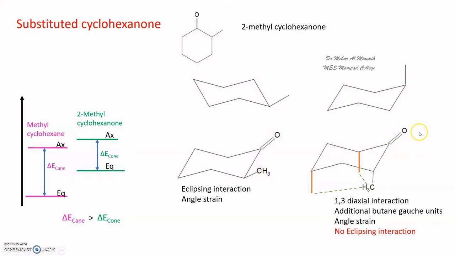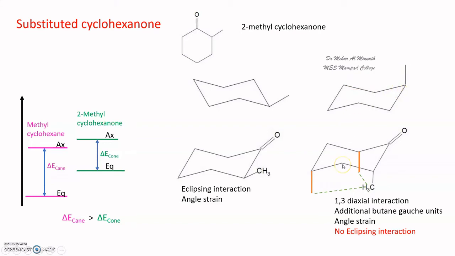A substantial amount of axial form will be available in 2-methyl cyclohexanone when you compare with the axial form of methyl cyclohexane. Now, methyl cyclohexane exists almost 99.9% in the equatorial form. Only about 0.1% exists in the axial form.